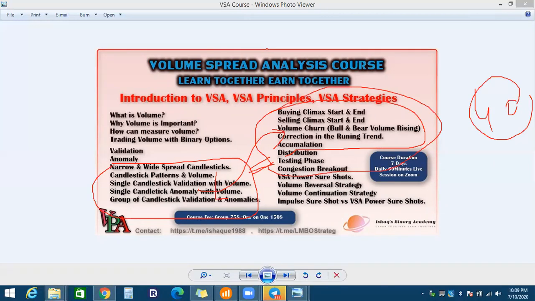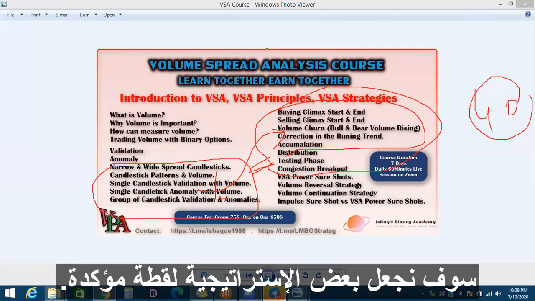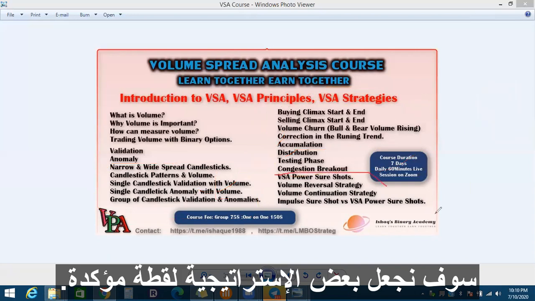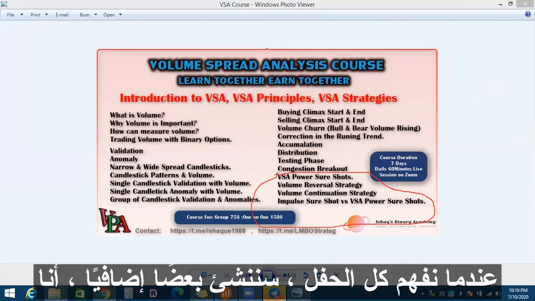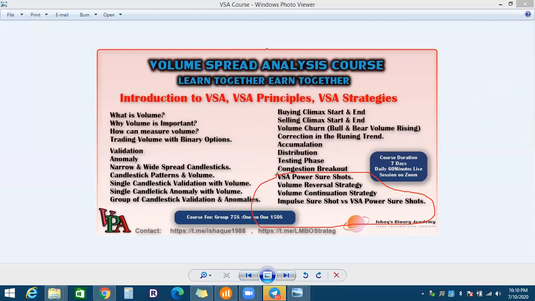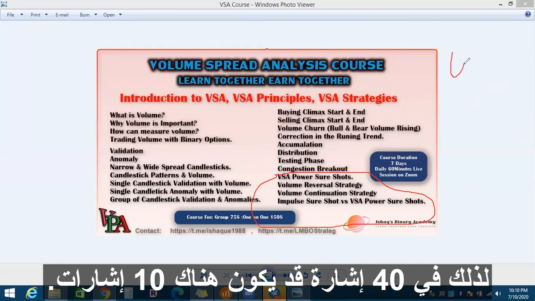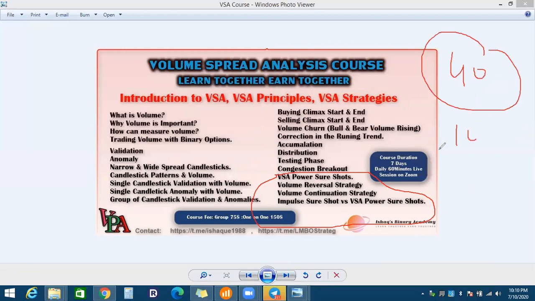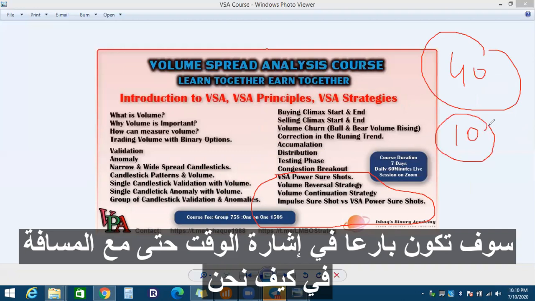Okay. And then we will make some sure-shot strategies. When we understand all the concepts, we will create some strategies, and I will give you the idea of how we can create a strategy. In the 40 signals, maybe you will be a master of 10 signals.